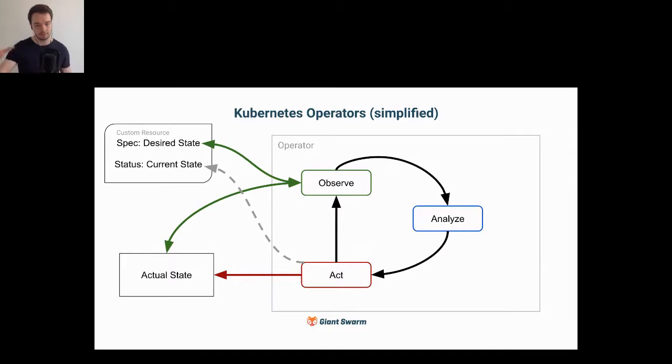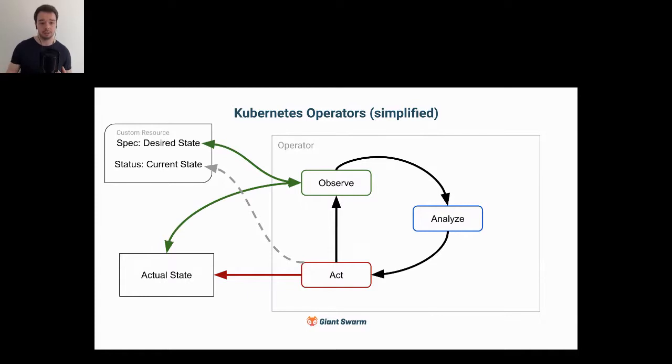In the next step, the blue box, we need to analyze what needs to be done. Are the desired state and the actual state equal? Then we don't need to do anything. Are they not equal? Then we go into the act step, where we now need to act. Acting basically means we need to change the actual state to reflect what the user wants in the desired state.